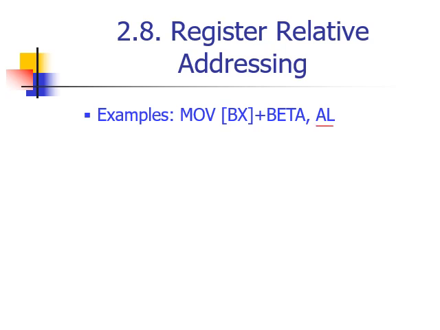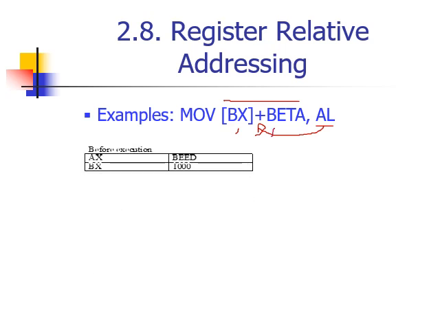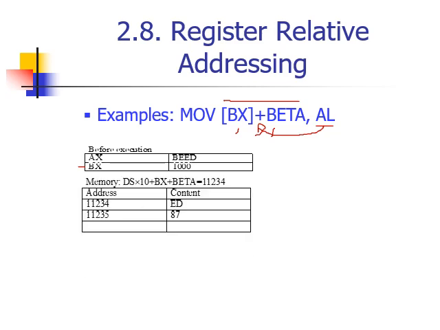We're trying to get 8 bits from the register AL and place them into some memory location inside your data memory segment, referred to by BX and beta, a value inside the register and a label. So you take the DS, this is the value inside your BX. You will have to go to this memory location by multiplying DS by 10 plus BX plus beta.